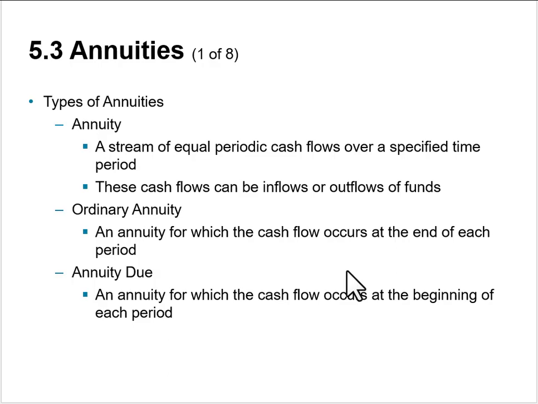If you're using the formulas, you have to recognize that, and there's an adjustment to the formulas. And likewise, on a financial calculator, you're going to have to tell it whether it's at the ending or beginning. You'll have to review the process of how to do that on a financial calculator.